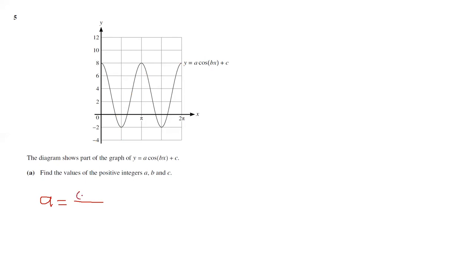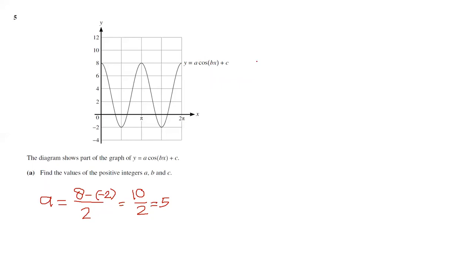So 8 minus negative 2, the maximum minus the minimum, divided by 2, equals 10 divided by 2, equals 5.